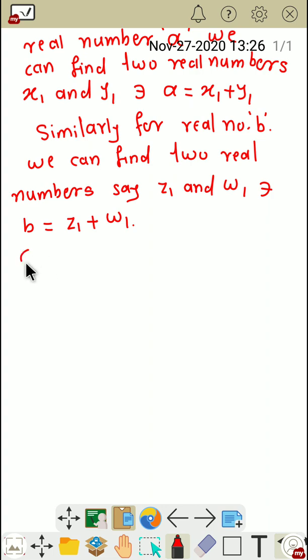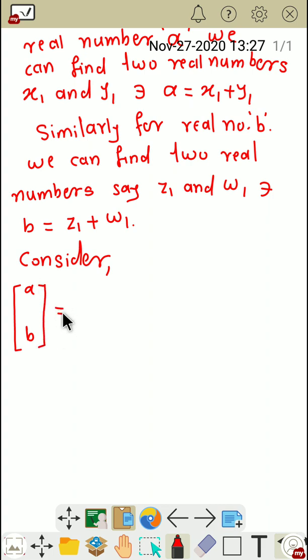Okay, now consider the column vector (a, b).